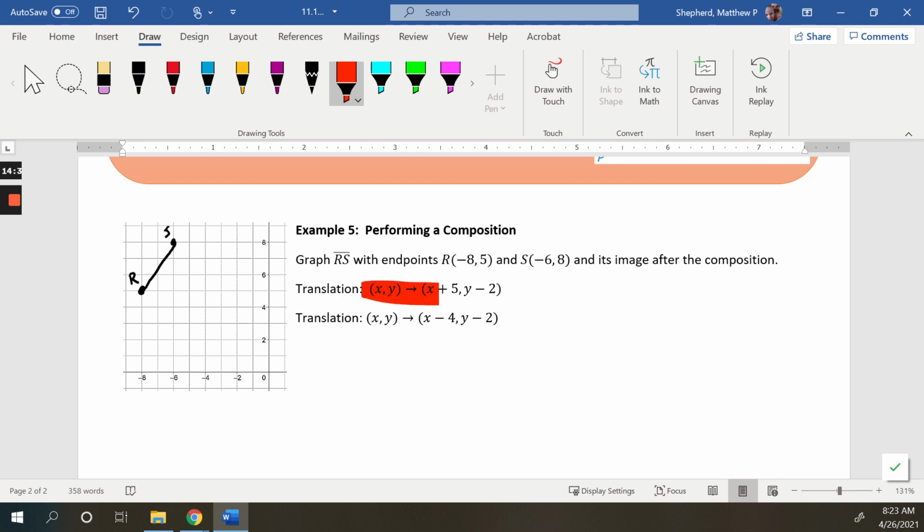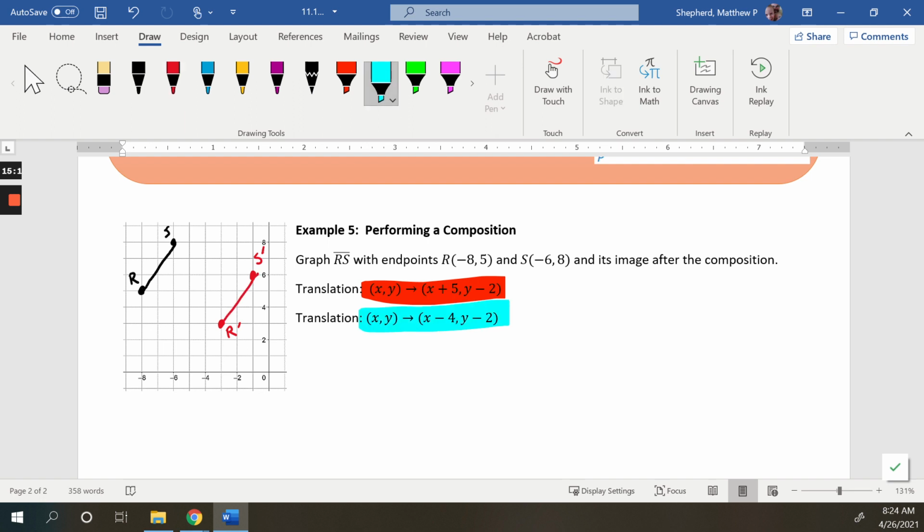Now we're going to perform this translation, which has the x plus 5 and the y minus 2. So we're going to make sure to go with R forward 1, 2, 3, 4, 5, and then down 2. And there is R prime. And then with S, forward 1, 2, 3, 4, 5, down 2, and we have S prime.